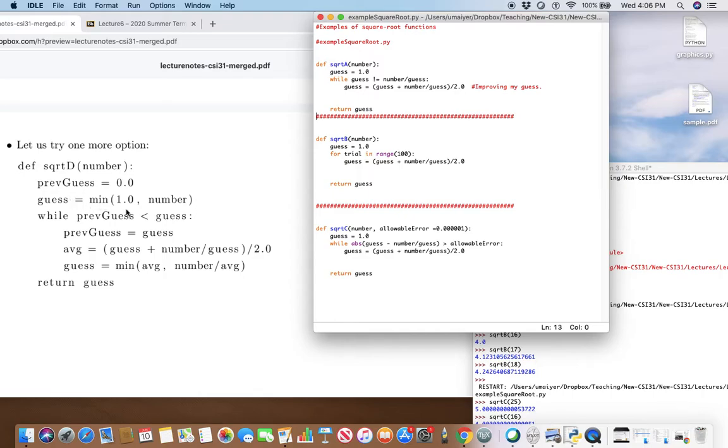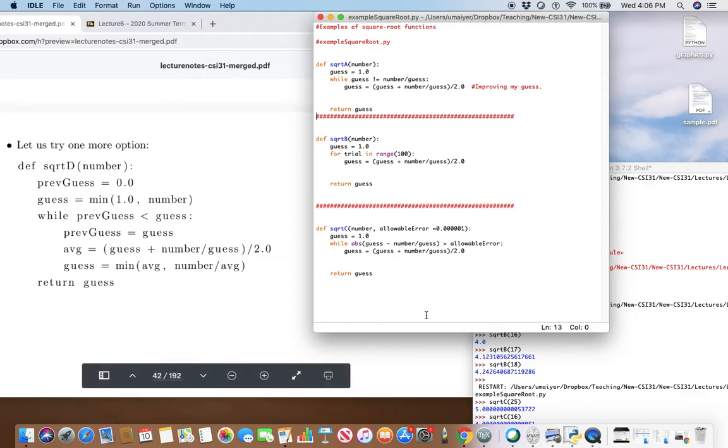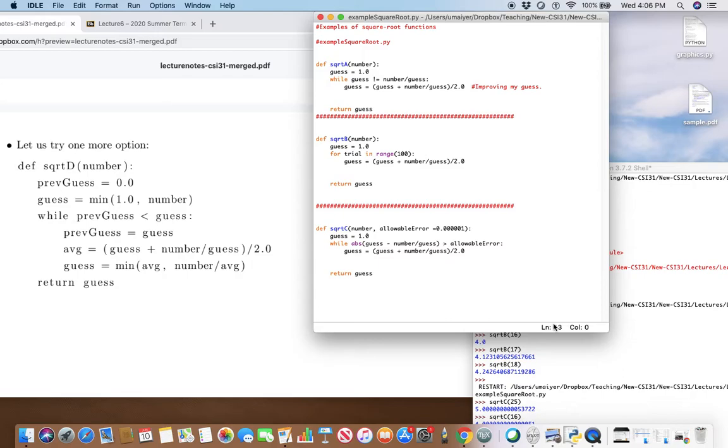You start with a guess, which is the minimum of 1 and your number. As long as the previous guess is smaller than your current guess, you're improving. In other words, starting from 0, which is your previous guess, you're improving until you cross your guess. So try this one and play this one. Type it here. Make sure you type all of these yourselves.